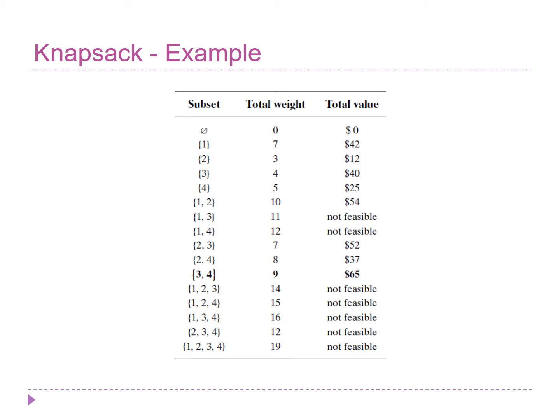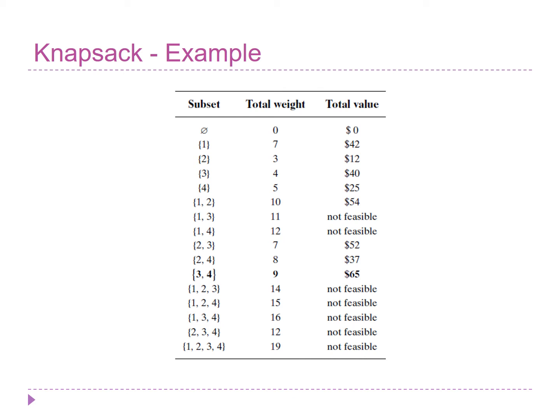Taking the fifth row, where the subset of items 1 and 2 are selected, it has a total weight of 10 and total value of 54. When the items 1 and 4 are selected, it has a total weight of 12. And that is not feasible because the total weight of 12 will not fit into the knapsack of weight 10.